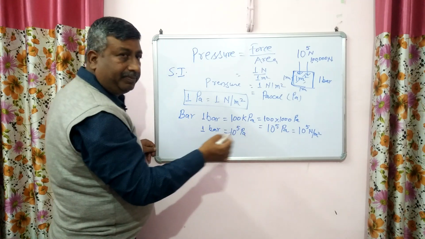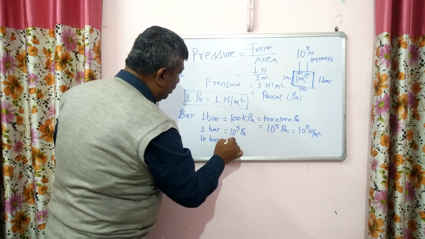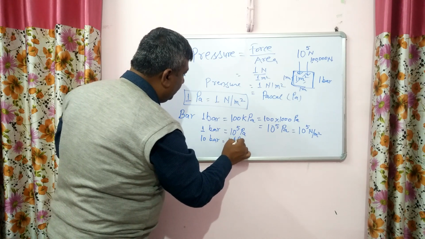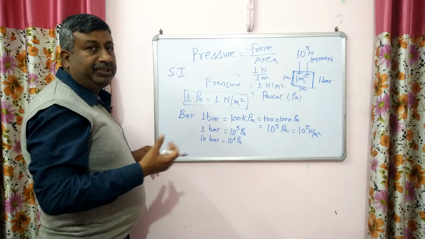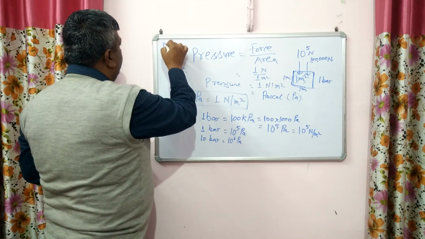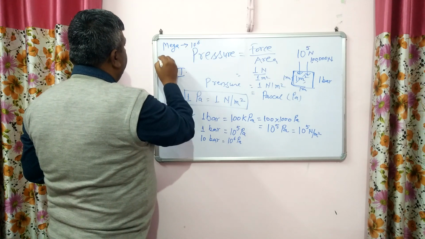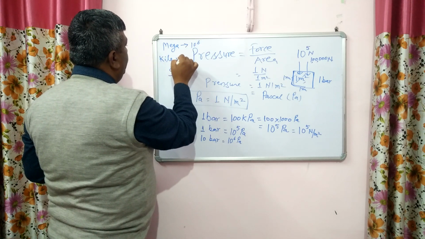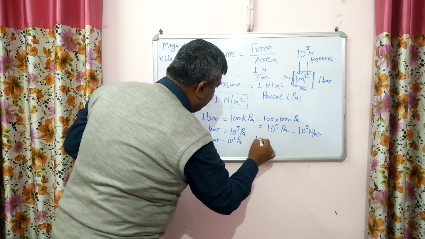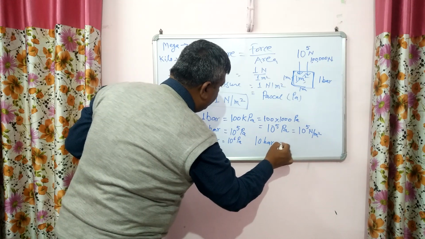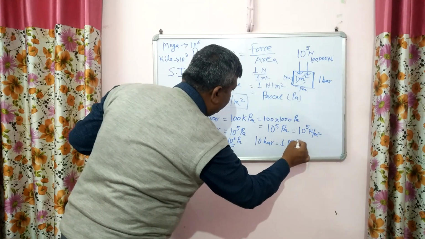If multiplied both sides by 10, 10 bar is equal to 10 to power 6 Pascal, and 10 to power 6 is termed as mega. Mega means 10 to power 6, and kilo means 10 to power 3. So we can write 10 bar is equal to 1 megapascal.